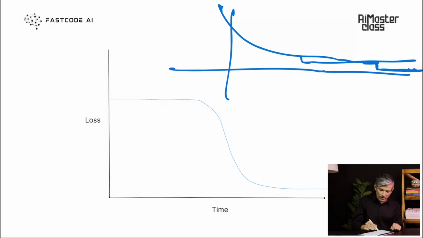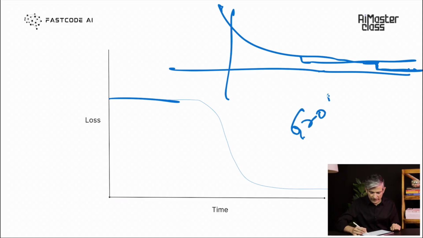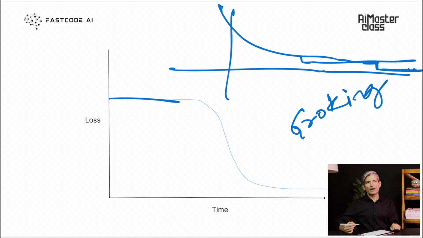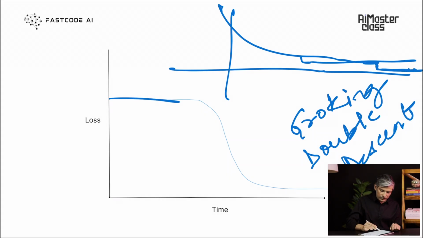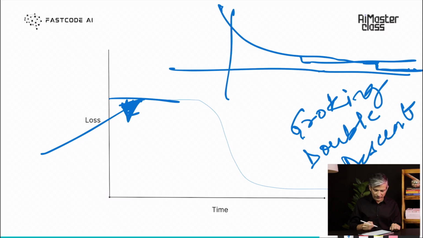Now you might see a loss like this one. This can happen. There is a phenomenon called grokking. There is also a phenomenon called double descent, right? These are very interesting phenomena. It happens mostly with these large models, but if it's a small model, it may be, let's say, a candidate for improper weight initialization, right?